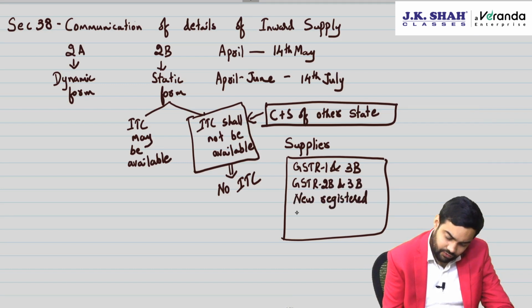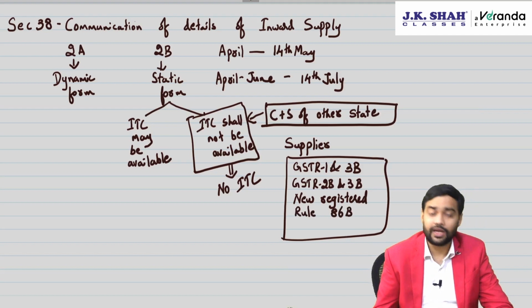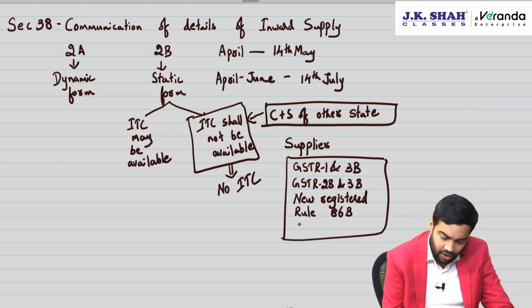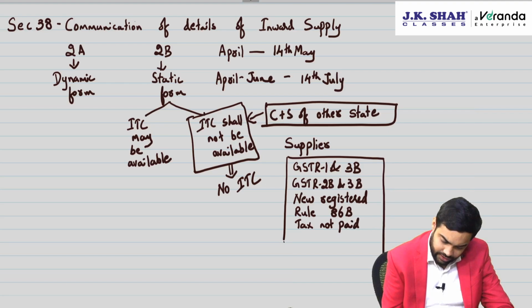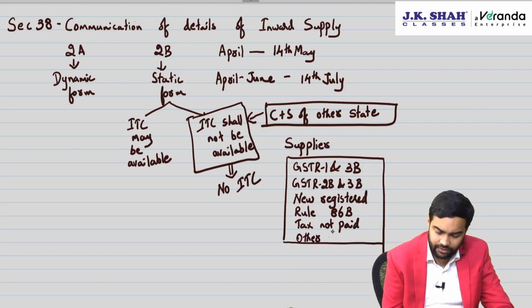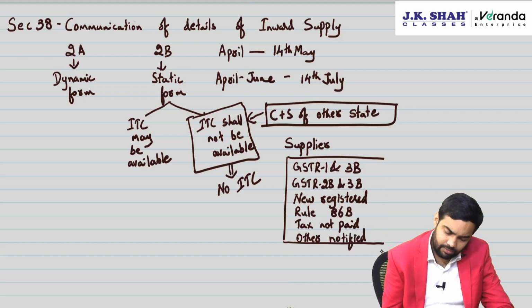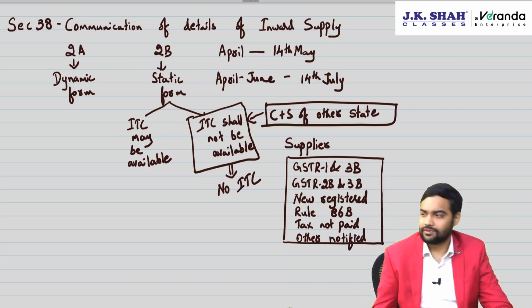Supplier has failed to follow rule 86B. What is 86B? 1% to be paid through e-cash ledger, he has not done. Or supplier has not paid the taxes for such period as may be prescribed, or any other point which may be notified later. So at present nothing is notified, but there might be other cases which might be notified.